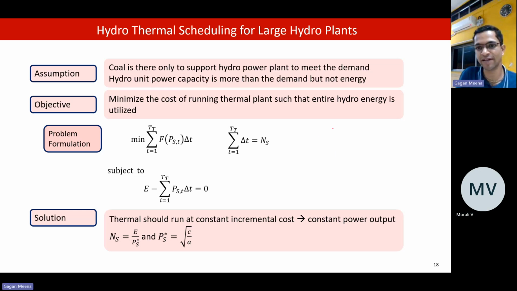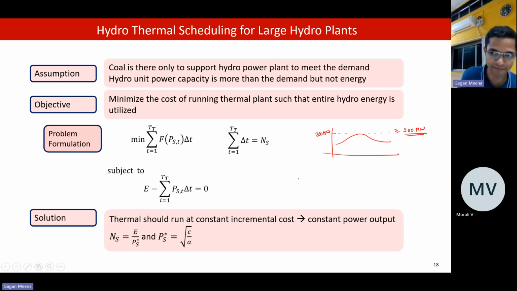Suppose we have a 24 hour load profile, and let's say the peak demand is 300 megawatts. Then the hydro capacity is greater than or equal to 300 megawatts. It can generate this much amount anytime.